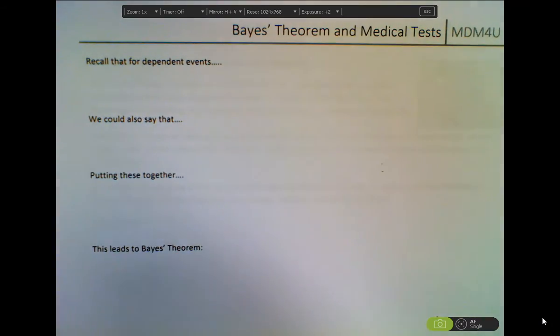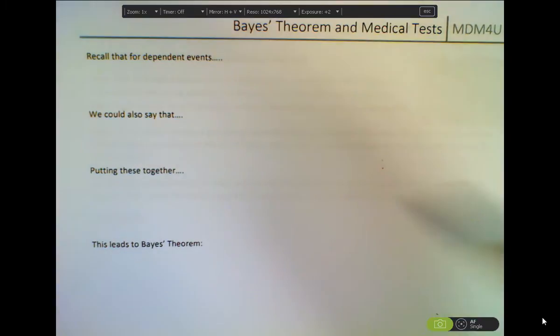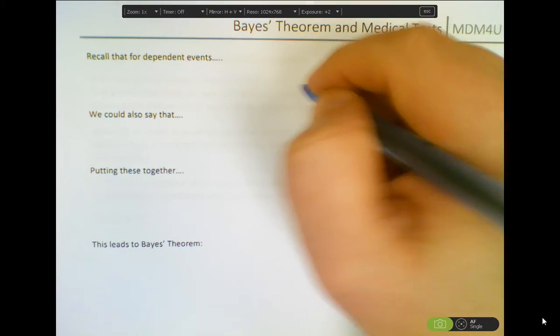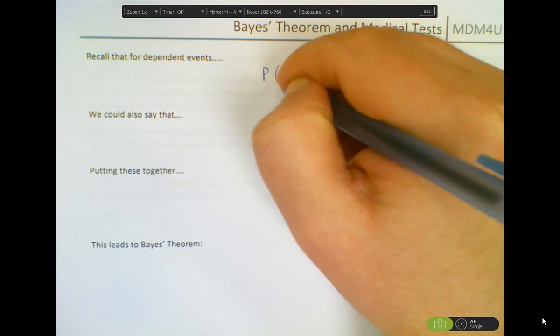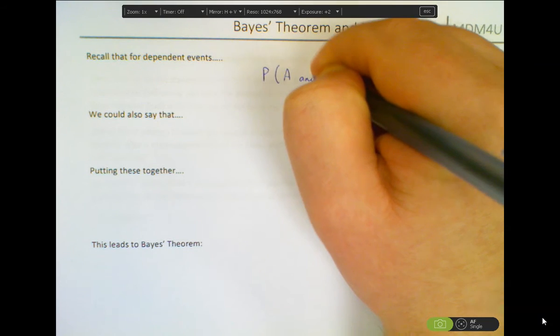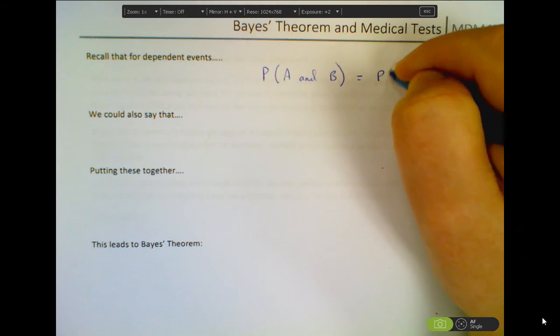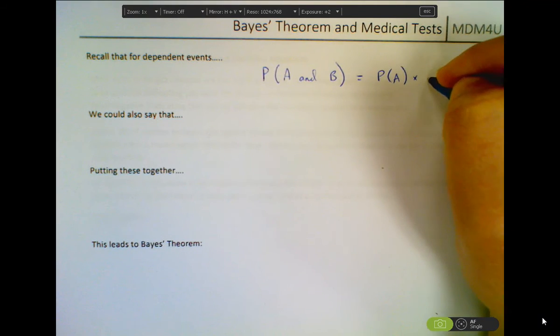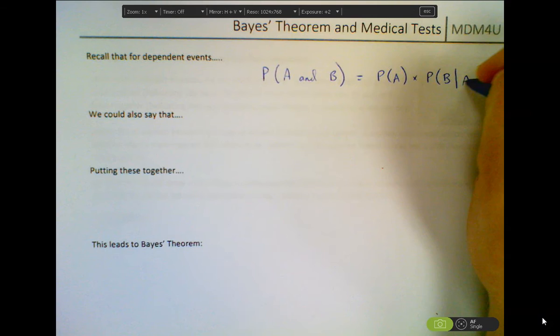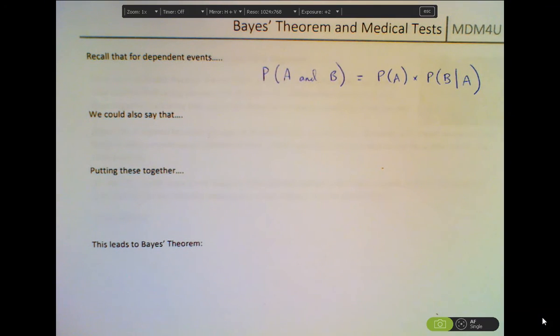If you recall from an earlier lesson, for dependent events, the probability of A and B was equal to the probability of A times the probability of B given that A has already happened.